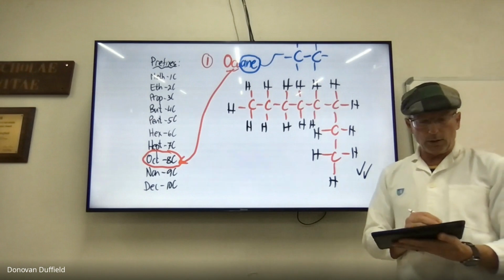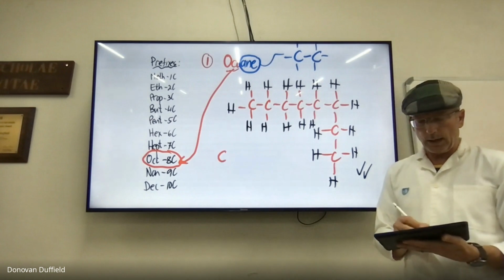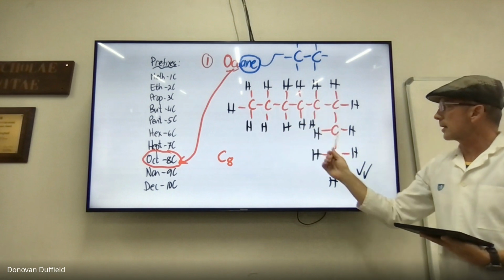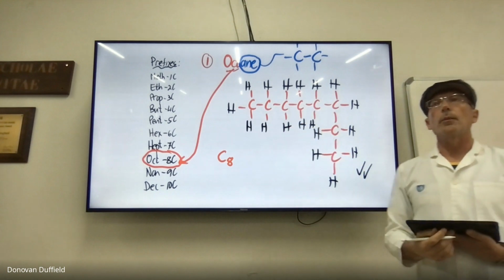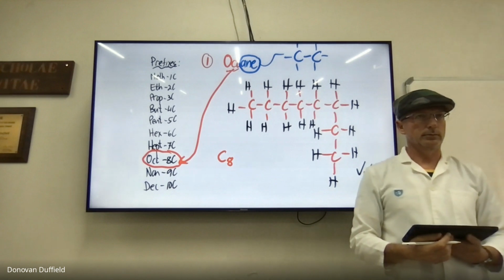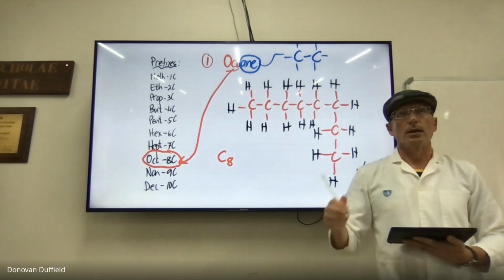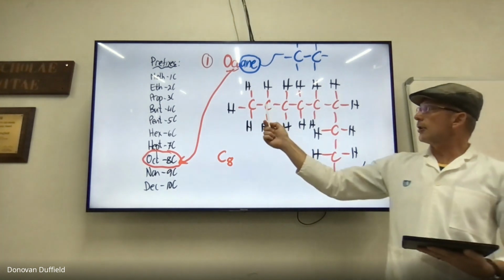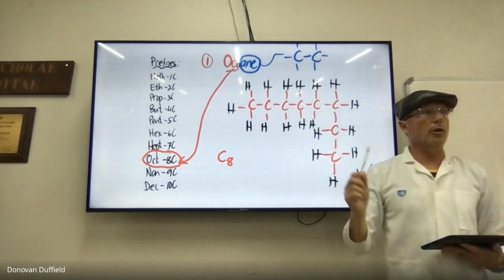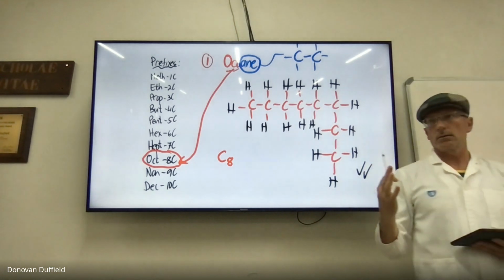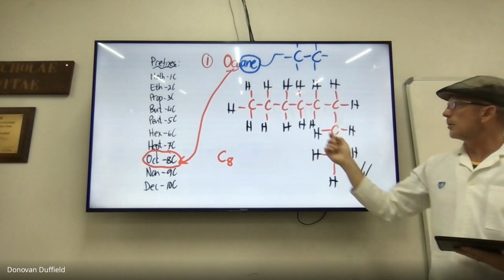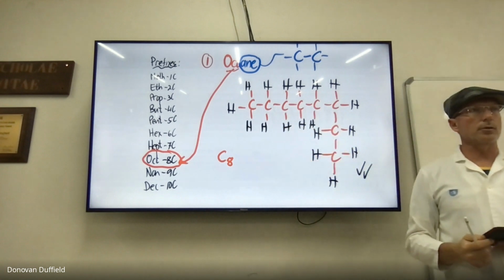So if we look at the carbons, we have 8 carbons. How many hydrogens do we have? 18. Well, you can count them, but I want to show you a trick. Can you see that the carbons on the ends have got three hydrogens, and the carbons in the middle have got 2 hydrogens?